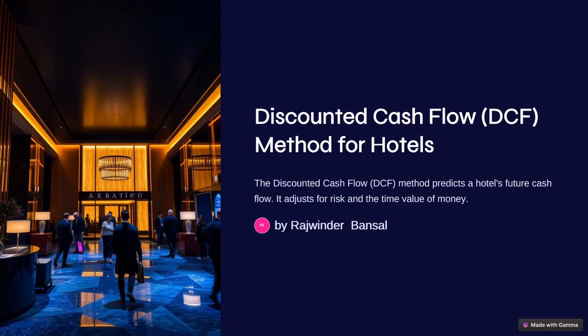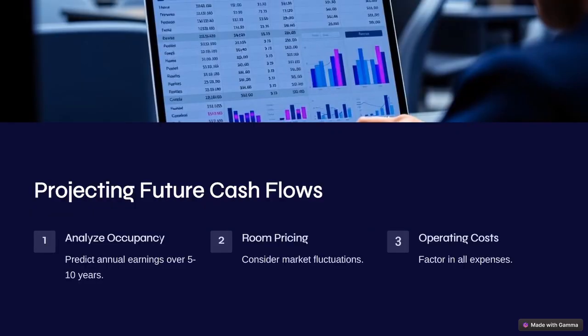Now we will discuss the discounted cash flow method for hotels. It is one of the methods which is being used for calculation of valuation of the hotels. This method predicts a hotel's future cash flow. It adjusts for risk and the time value of money. So how do we do this? First of all, we project future cash flow for 5 to 10 years.